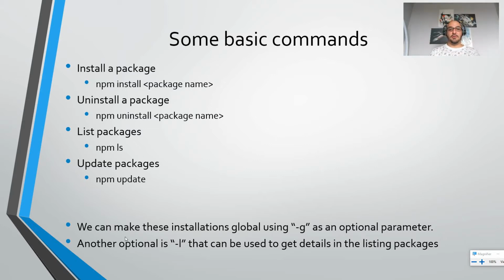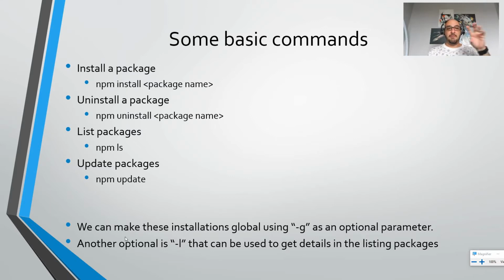Now, there is a slight difference that you have to keep in mind when it comes to installing packages. In npm there is an option that is called a global package, and we can do that by adding an additional -g to the command.